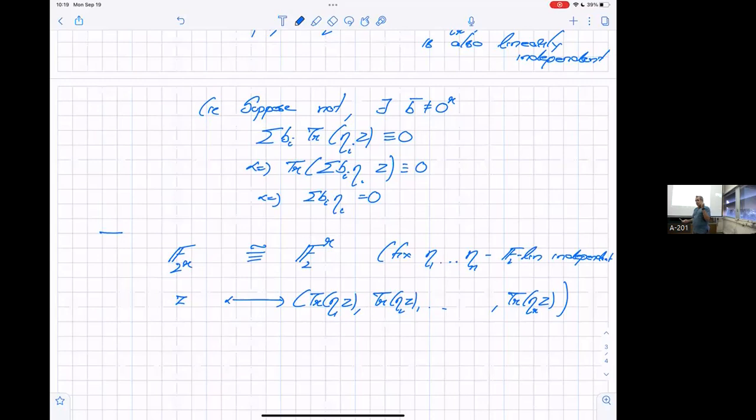Notice that's a linear mapping, because you take two such, Z1, Z2, and take two corresponding coefficients. So all I'm claiming is this part.